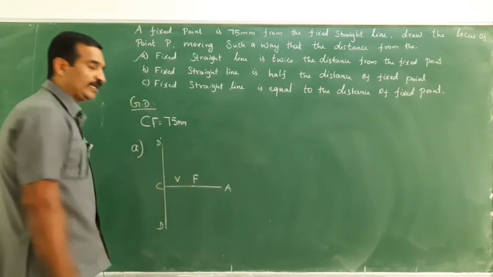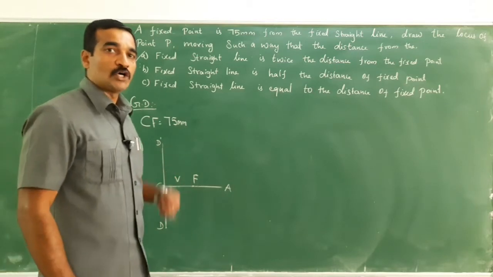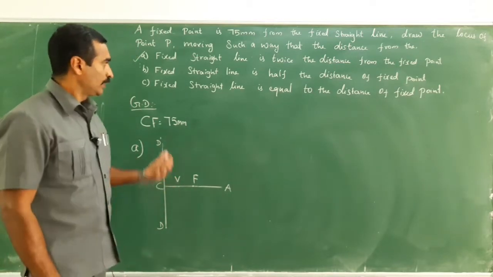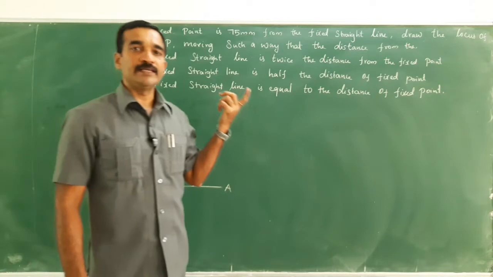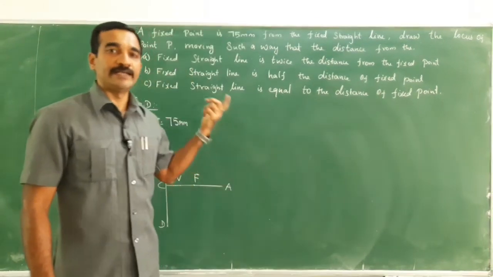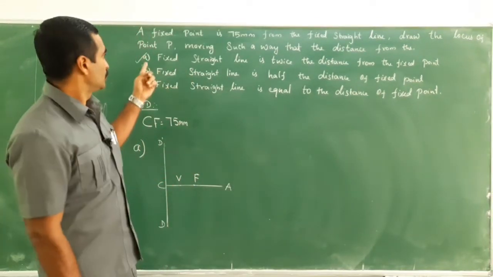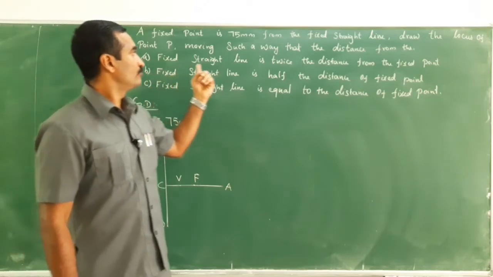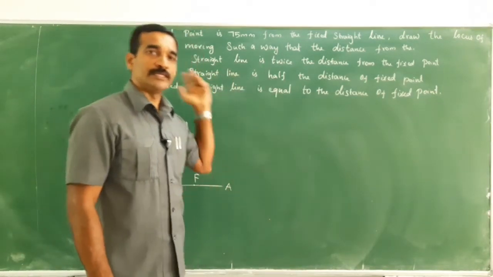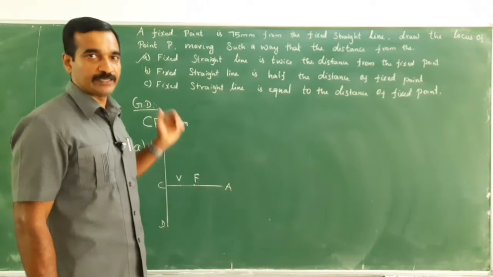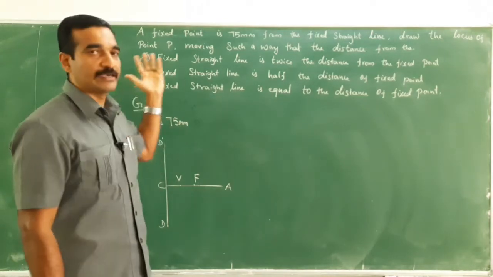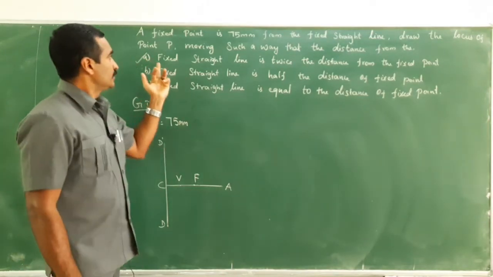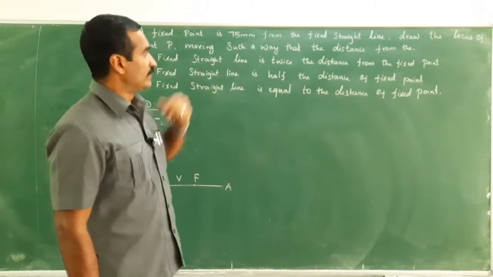This is V, which is vertex or moving point. Now, the eccentricity E is not given directly. It is given in the form of wording. So there is no ratio or fraction given directly.